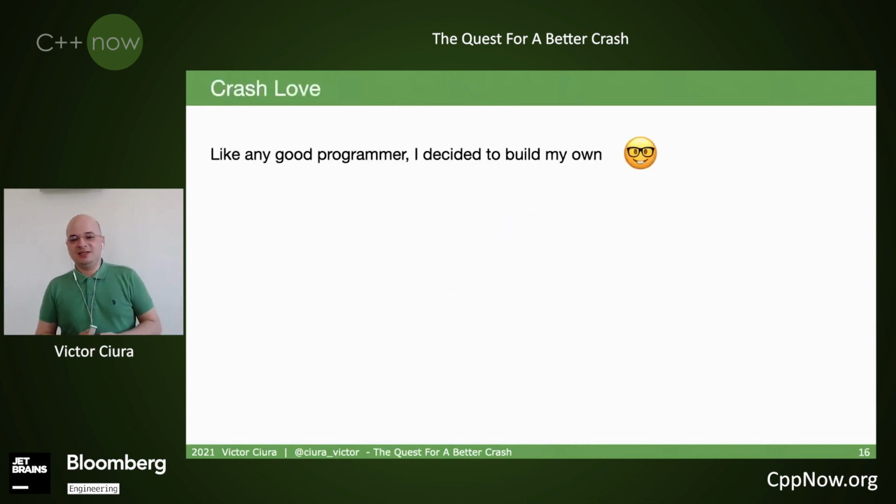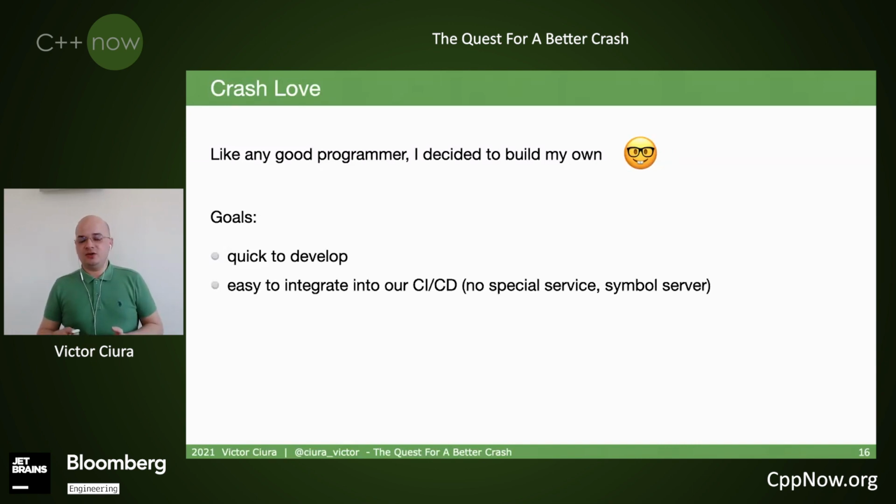So the goals were pretty simple. It needed to be quick to develop, because this was not a task in itself, but something to help with the application. Easy to integrate in our CI/CD, so no special servers, no symbol server, no complicated DevOps maintenance.